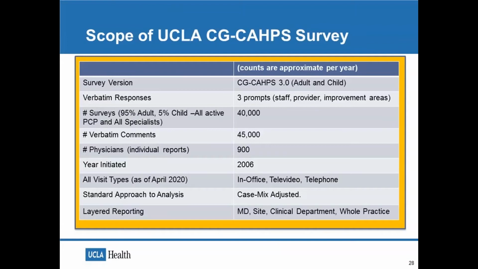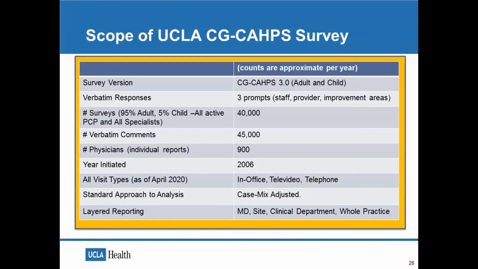We're getting about 40,000 surveys per year. We have a sampling method, and about 45,000 verbatim comments. About 95% of the surveys are the adult, a much smaller number are child. We survey all providers, primary care and all specialists. About 900 doctors get individual reports.